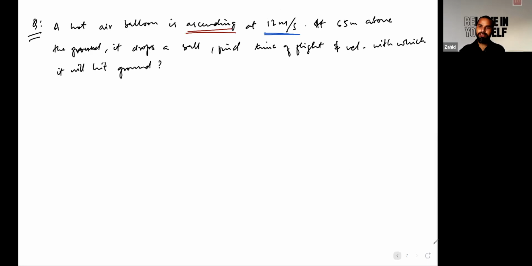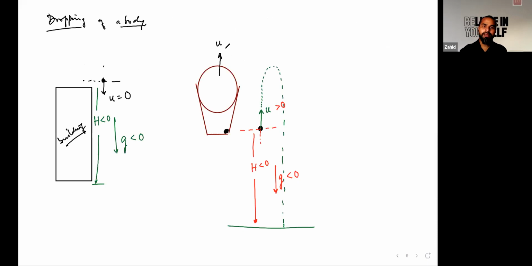As we discussed earlier, let u be the velocity with which the balloon was going upward. So on comparing with the question, u is positive 12 meter per second. The height at which the ball is dropped is 65. Take this point to be the origin, so height would be negative 65 meter. And acceleration due to gravity in all situations would be negative 10.